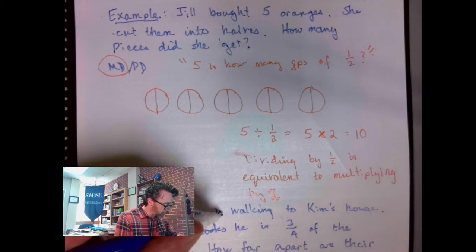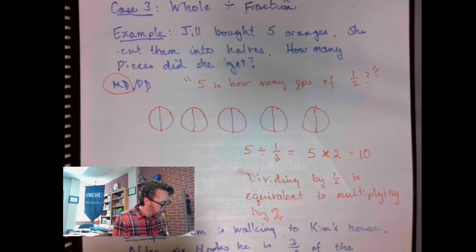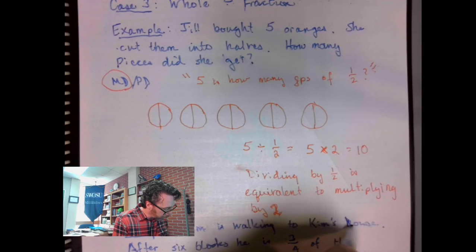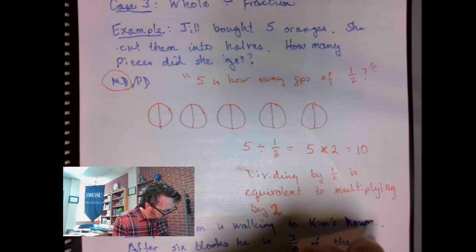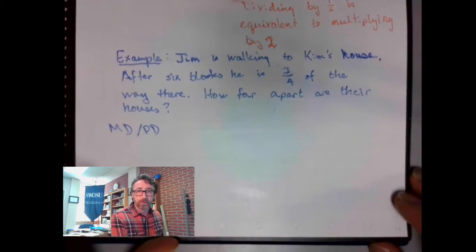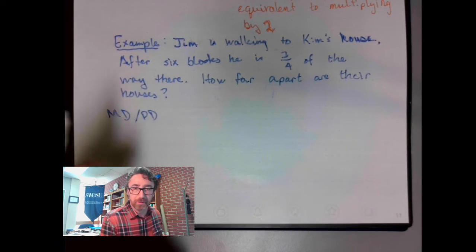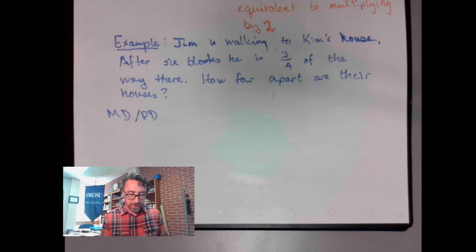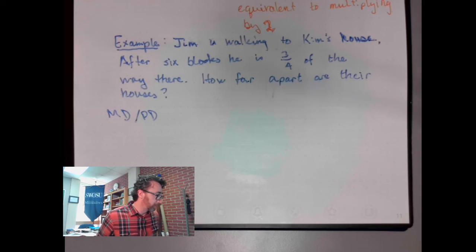Let's look at another example here. We're talking about a whole number divided by a fraction. So here's our scenario. Jim is walking to Kim's house. After 6 blocks, he is 3/4 of the way there. How far apart are the houses?